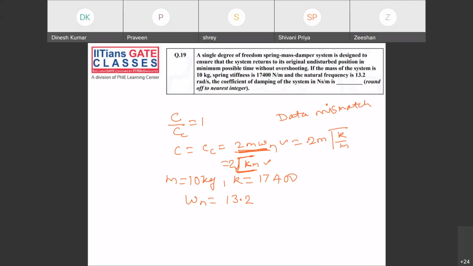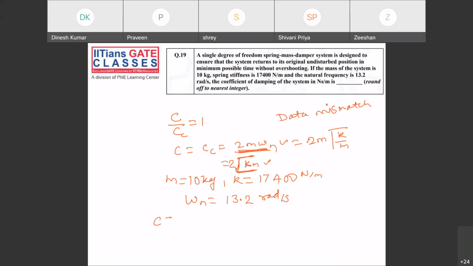So what is the answer? Quickly you do it, so we can move on. You can write the units: omega n is 13.2 radian per second, and k is in Newton per meter. So if you use the first expression, what is the answer?